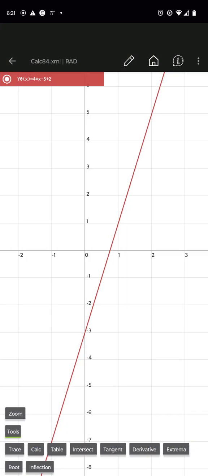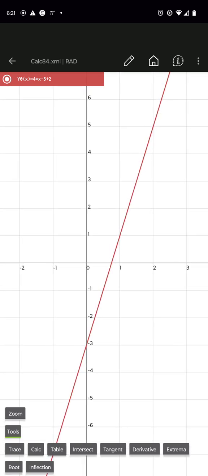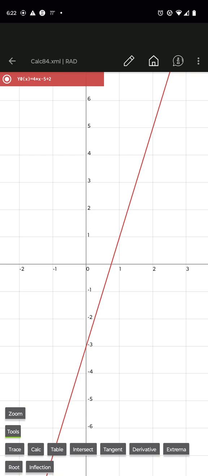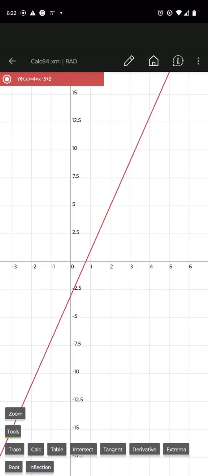Graph. Now we come across something interesting. Somehow the slope managed to be the same. Rise over run. Okay, can you find the slope?